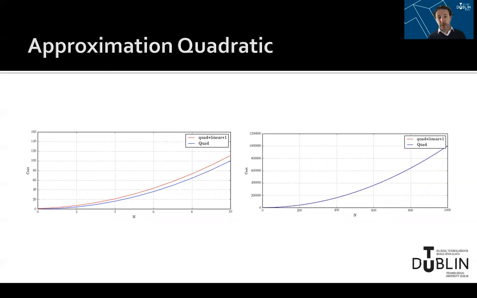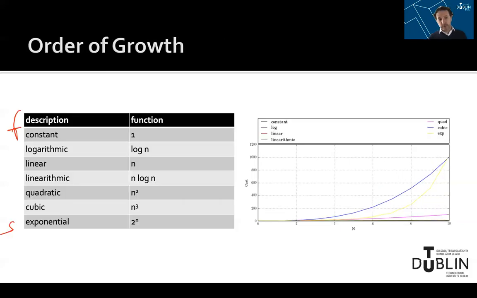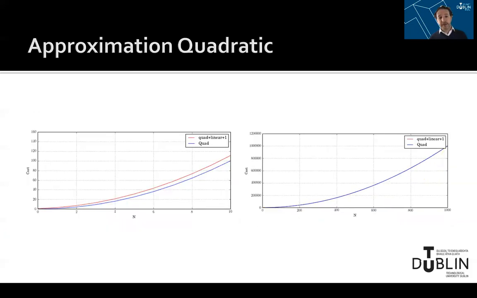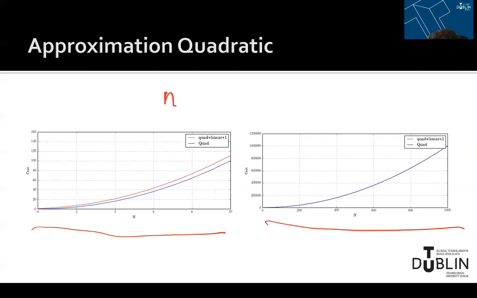Now, you don't want the exact numbers, you just want to approximate the numbers. So that's why if something's quadratic plus linear, here, once again, between 0 and 10 on the left, between 0 and 1000 on the right. Between 0 and 10, there is a difference. One graph is n squared plus n plus 1, and the other graph is just n squared.